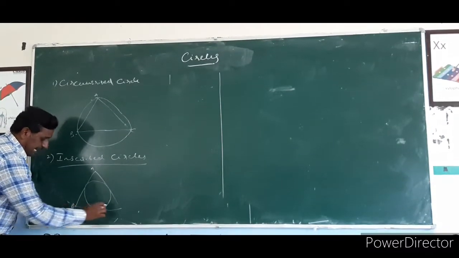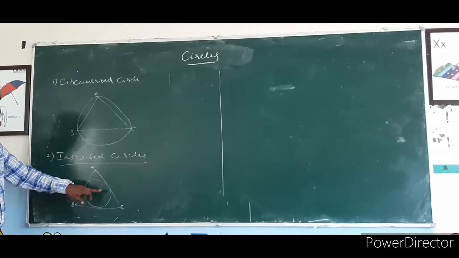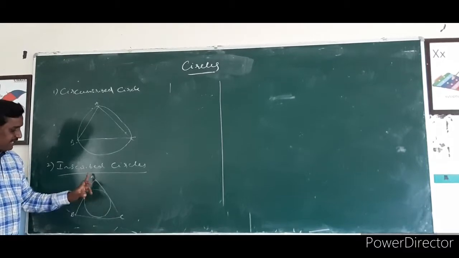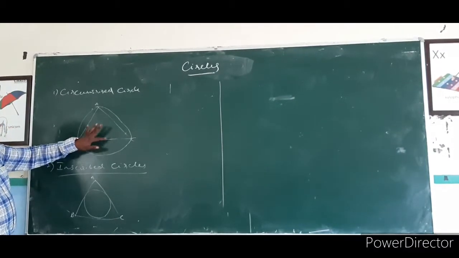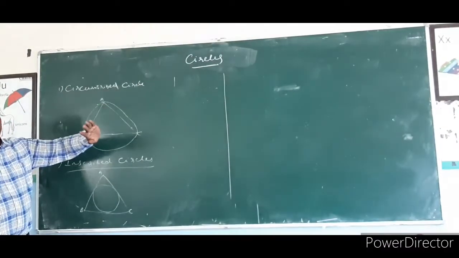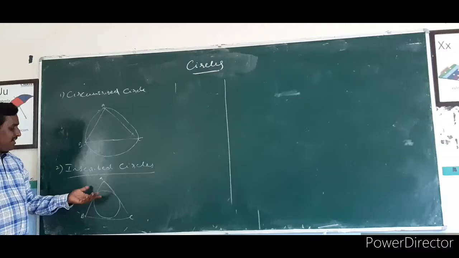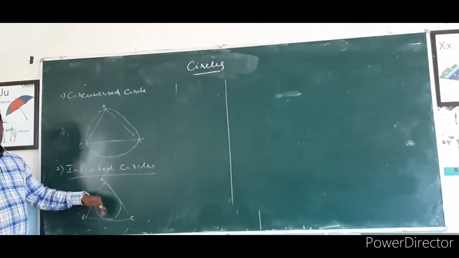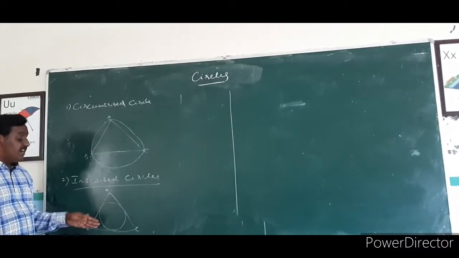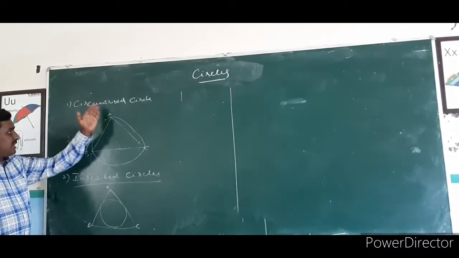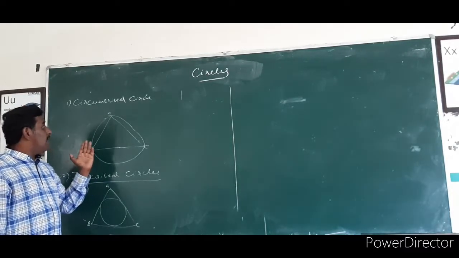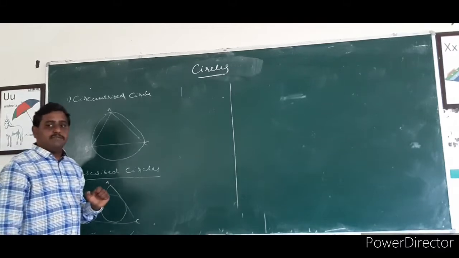If I am considering triangle ABC, the circle touches side AB, side BC and side AC. In the circumscribed case, the circle only passes through the vertices, that is, the circle is outside the polygon. An inscribed circle means the circle is inside the polygon and touches all the sides of the polygon. These are the two types, circumscribed circle and inscribed circle.